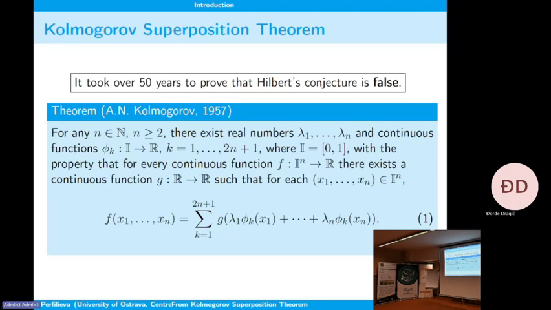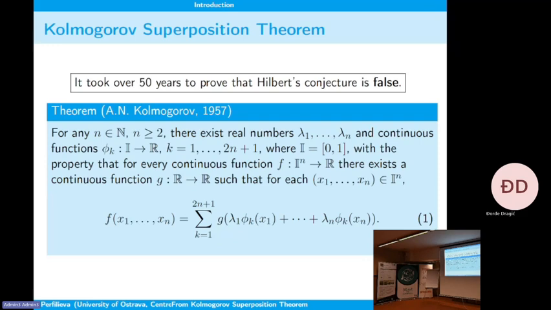So all parameters here are interesting; they mostly cannot be improved, as was shown later. Here I is the denotation for [0, 1], with the property that for every continuous function f mapping I to the n to R, there exists a continuous function g such that for each n-tuple, this representation holds true. So this is the main focus of this talk: to analyze this expression and why it is still interesting for us.